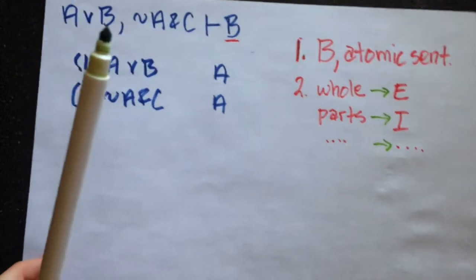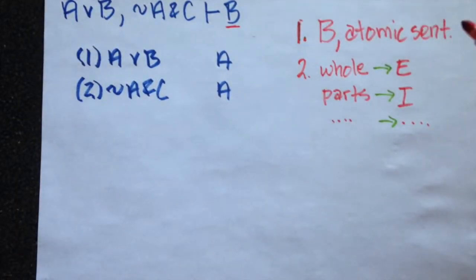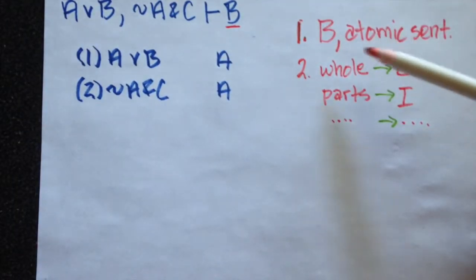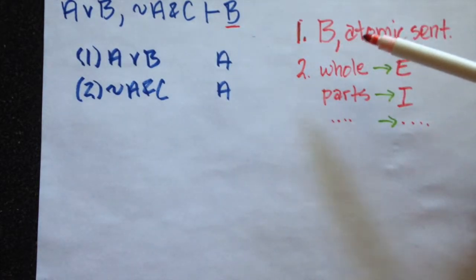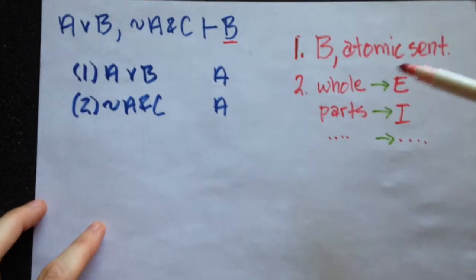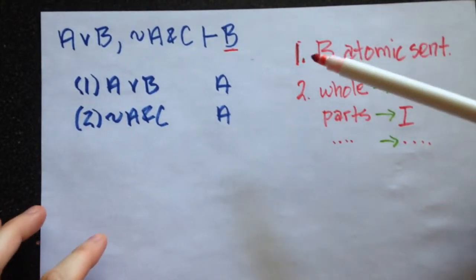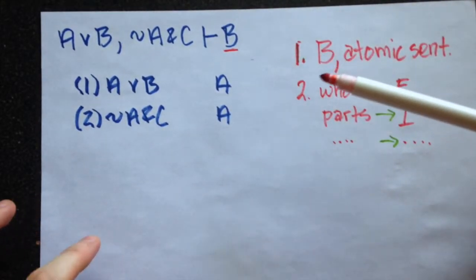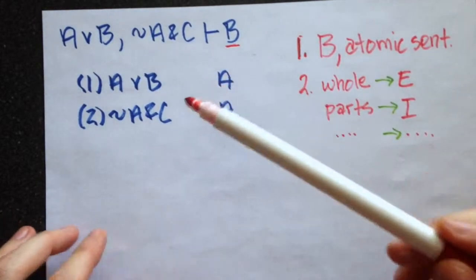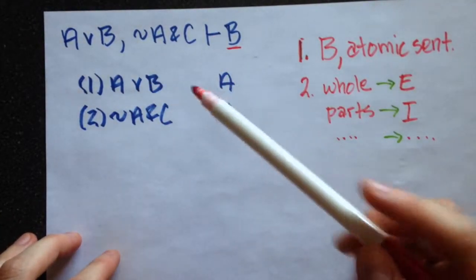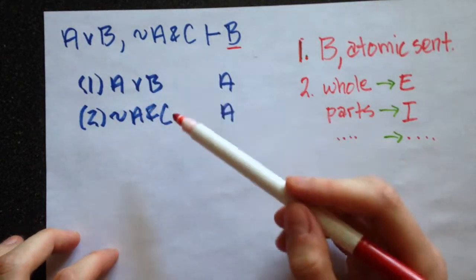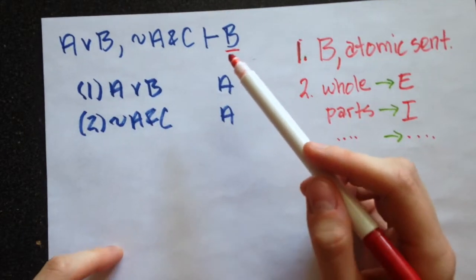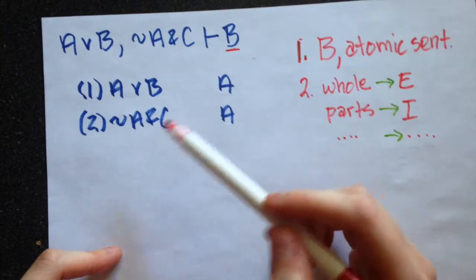Again, the last example we looked at, our conclusion was also an atomic sentence. This time we've got B, and of course B is an atomic sentence. It doesn't really have any parts, right? We can't break it up. So if we're going to find it at all, we're going to find it as a whole. We look over here in the premises and want to see if we can find this statement B embedded somewhere as a whole.